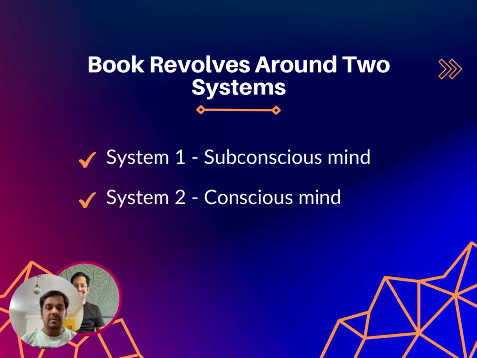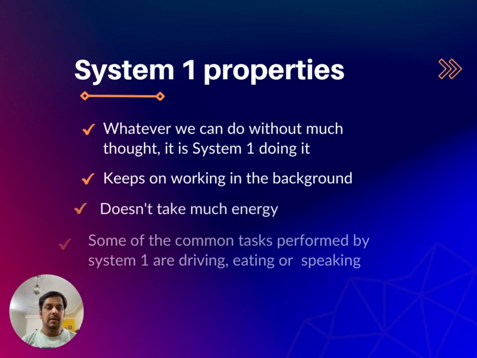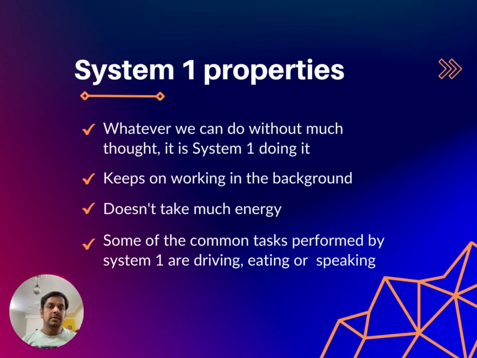So what are these two systems that have been defined by the author? Let me explain a bit more about this one. System one has certain properties. Whatever we are doing in life, 95 to 96% of the time, maybe more, it's all about system one: watching TV, eating, playing with kids, talking.